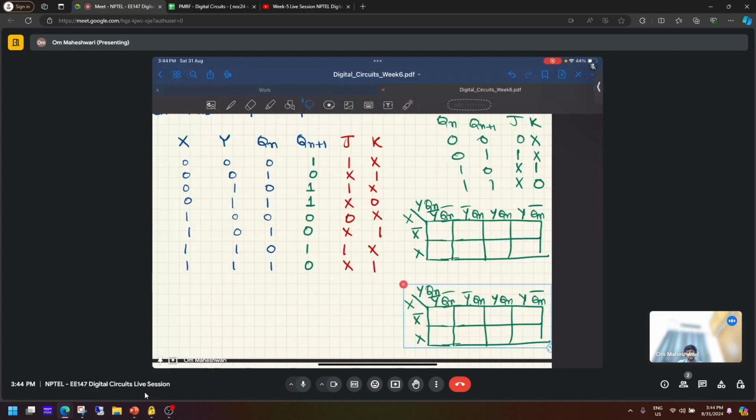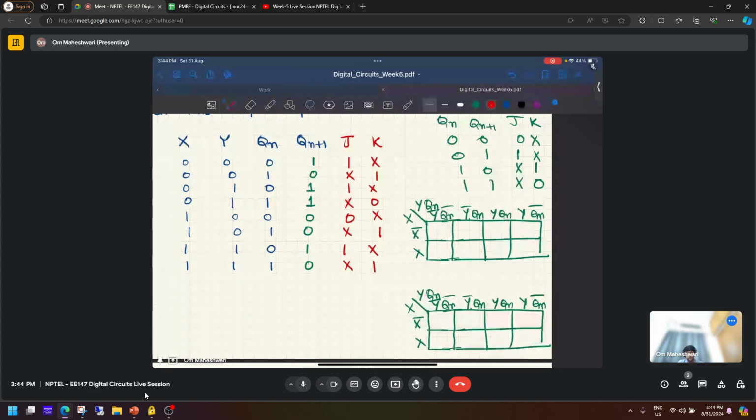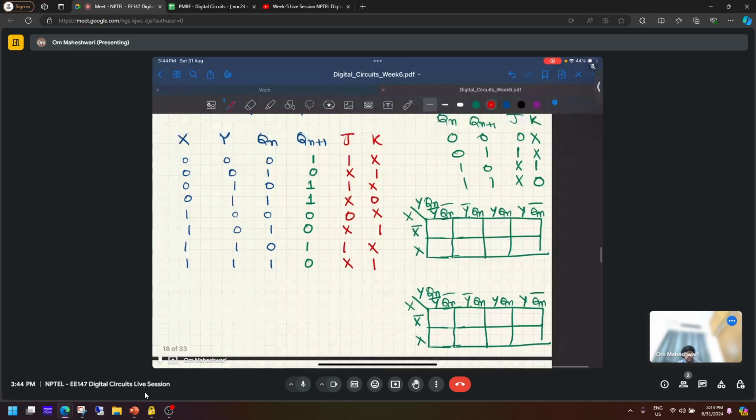Now if we fill this, X is 0, Y is 0, Q is 0, J is 1.